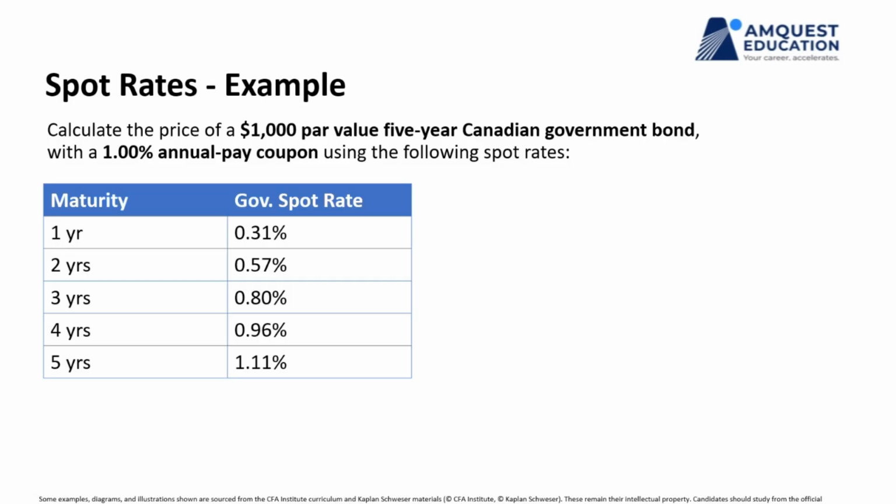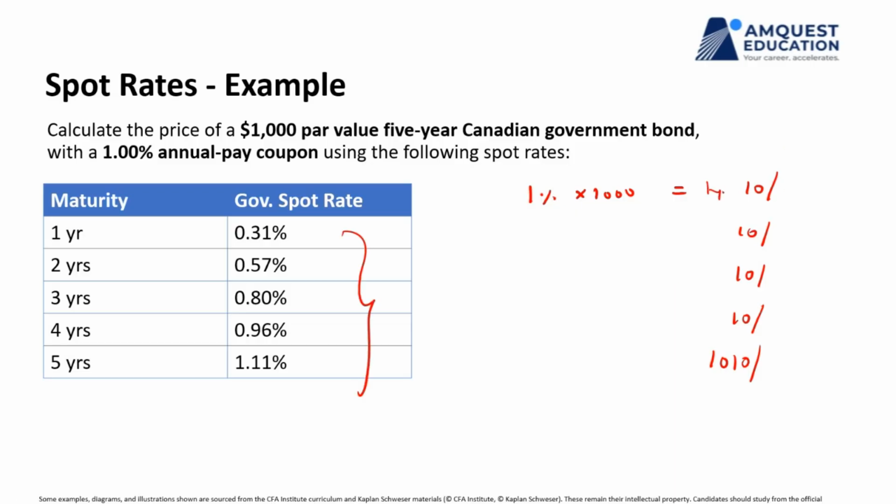Just discount your cash flows at spot rates. I think that is a simple answer. First cash flow will be 1% of $1,000: $10, second $10, third $10, fourth $10, fifth, your capital gets paid back, right? And then discount each of these, divide by these numbers.